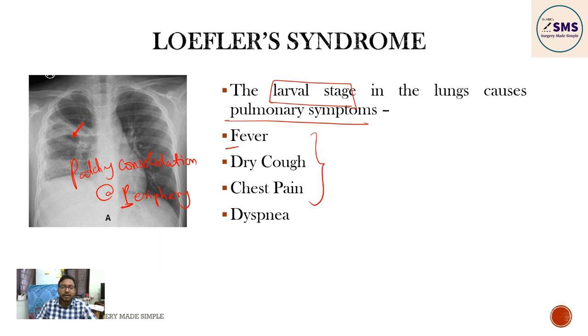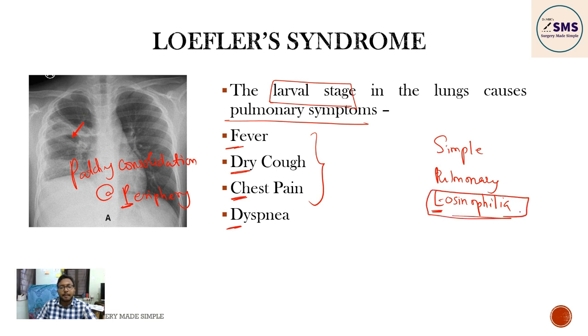There will be fever, dry cough because the respiratory system is affected, and chest pain and dyspnea. This Loeffler syndrome is also called simple pulmonary eosinophilia. Eosinophilia, as you can expect, is because of parasitic infestation. Okay, this is about Loeffler syndrome.